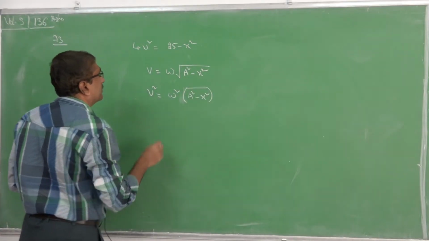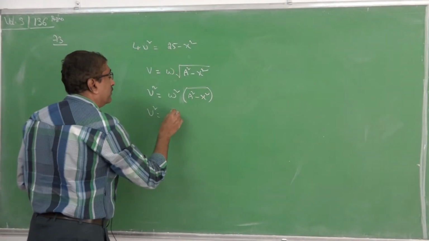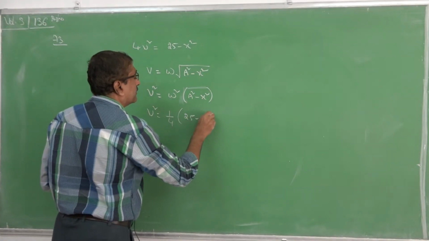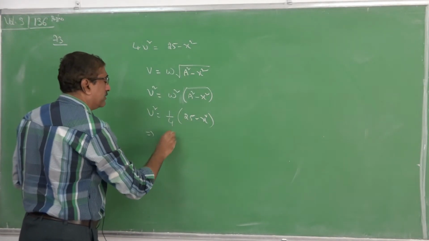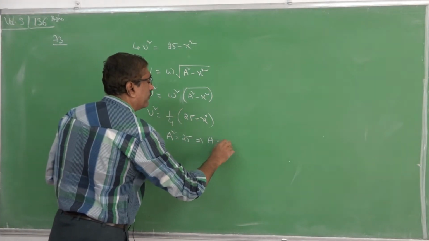Now comparing these two, v square is equal to 1 by 4 into (25 minus x square). Comparing this, a square is equal to 25, which implies a is equal to 5 units.